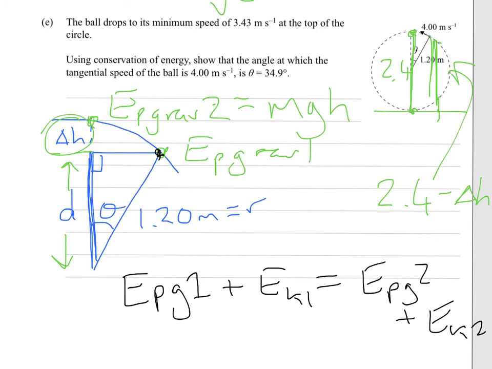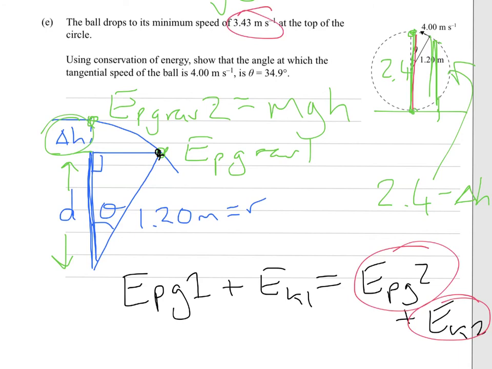We've got a minimum speed at the top already. That gives us enough information to calculate this, because we have the minimum speed at the top: half mv squared using 3.43 metres per second. EPG2, we can do using the height as well, 2.4 metres. So everything on the right-hand side we know.